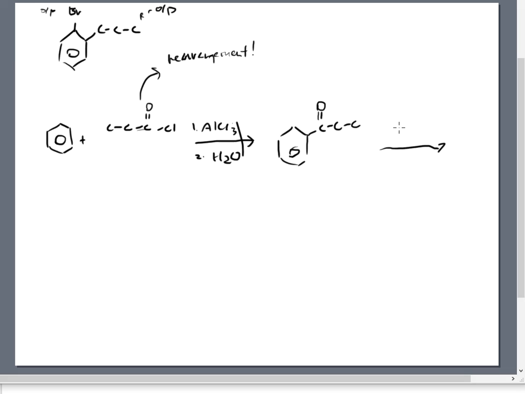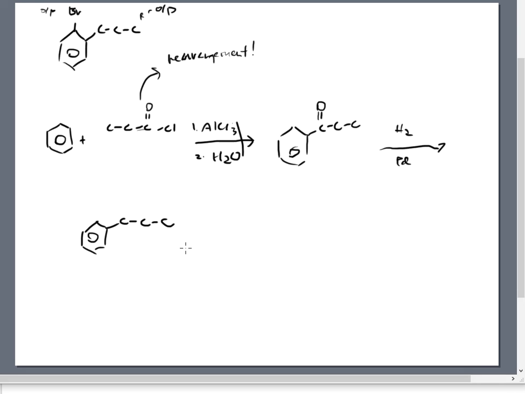Back in the last lecture module, we said that we could take H2, palladium, Lindlar's catalyst, platinum, whatever the case was, and that will destroy the double bond characteristic that comes from the product from the first step. So this will end up giving me my 3-carbon chain that I need onto that benzene ring.